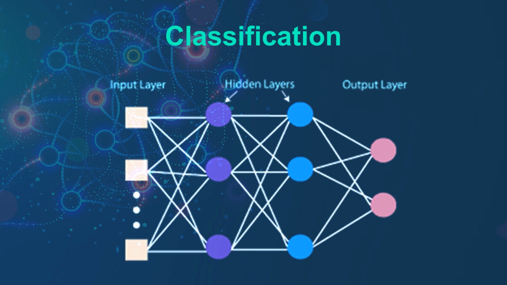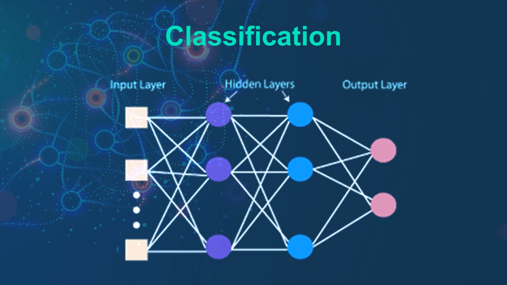Here the inputs are presented in the form of m-dimensional vectors to the input layer consisting of m input units. These input patterns are to be classified into one of the n classes.